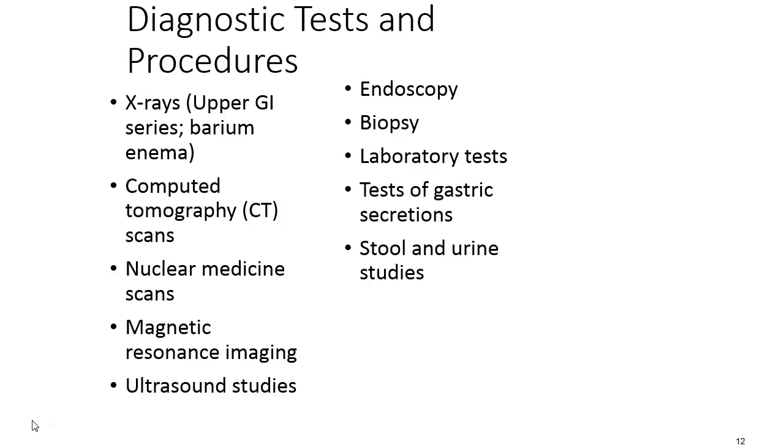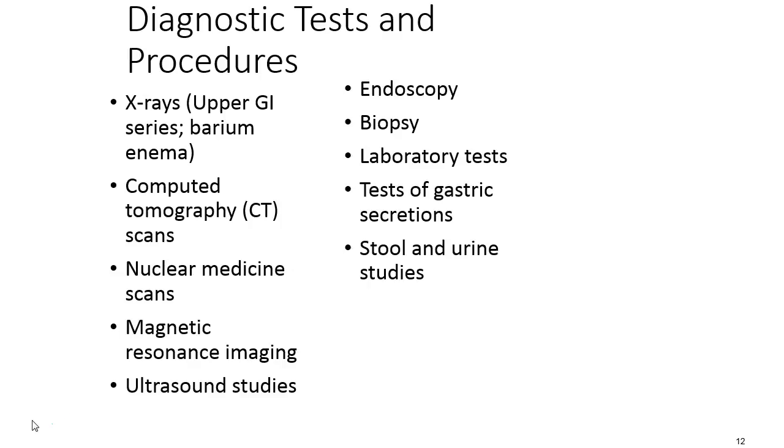Lab tests we'll talk more about more specifically when we talk about different conditions, but lab tests that we'd look at: the CBC to see if there's any signs of bleeding or infection. We can look at liver function tests, AST, ALT types of things. We can look at lipase for our pancreas. So there are a lot of different tests that we can look at depending upon what condition we're trying to evaluate.